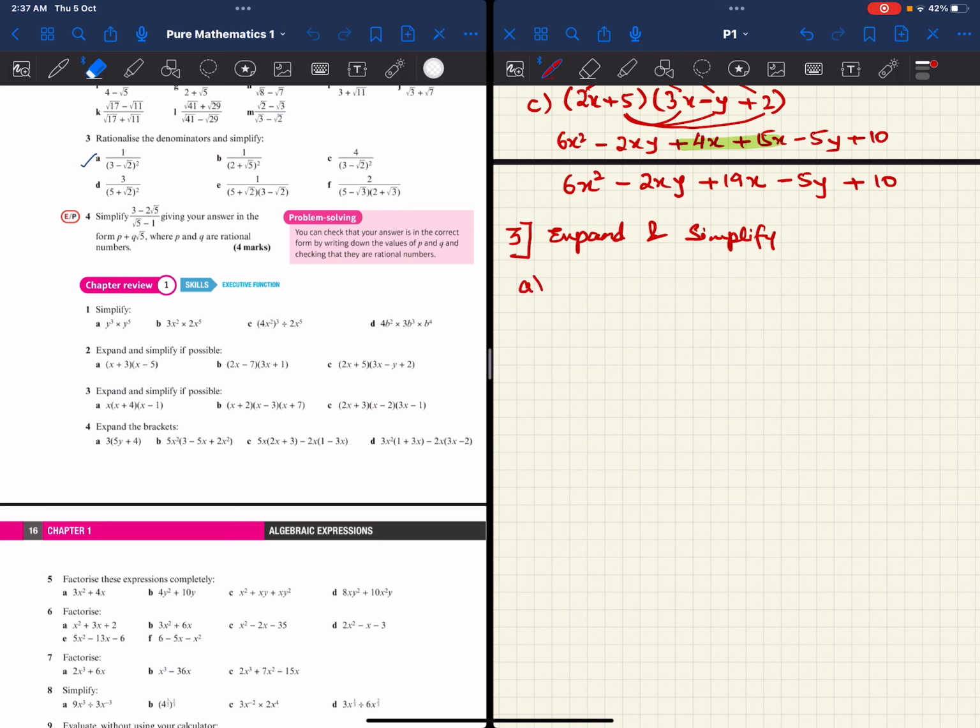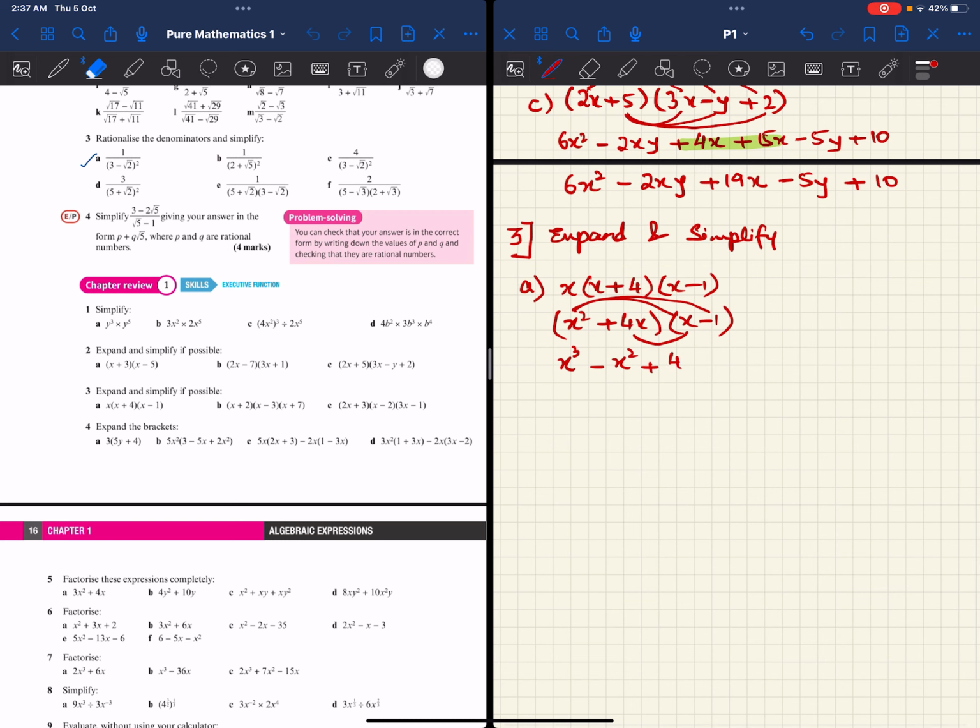Question A, x into x plus 4 into x minus 1. So x into x plus 4, we have x squared plus 4x. Now we multiply this with x minus 1. So x squared into x gives us x cubed. x squared into negative 1 gives us negative x squared. 4x into x gives us 4x squared.